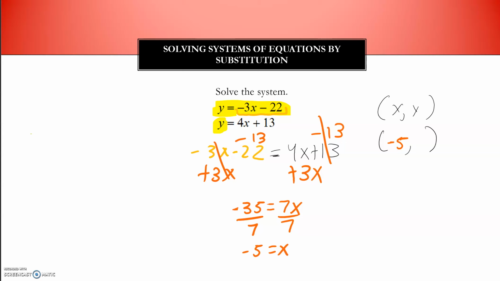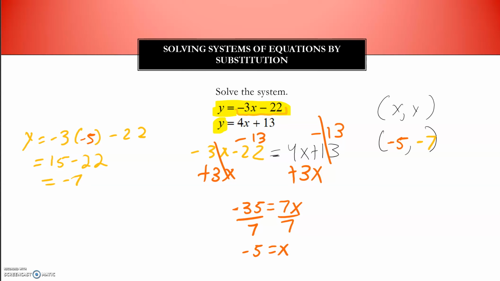I'm going to take the first one just because it's first. And like I said, whatever you want. If you wanted 4x plus 13, you can use that as well. Put the negative 5 in and solve. Negative 3 times negative 5 is positive 15, minus 22 is negative 7, and that's y.